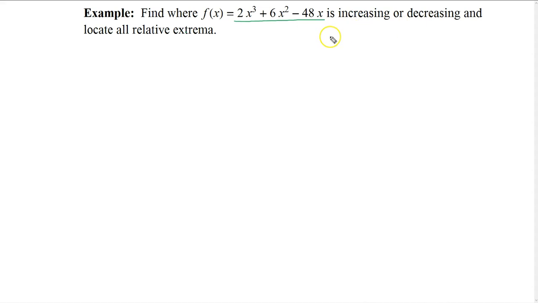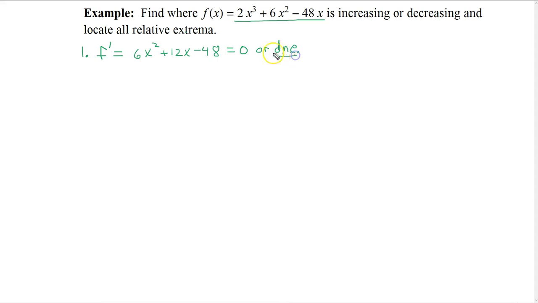So to find where the function is increasing or decreasing, we first of all have to find all of our critical numbers for this function. So we want to find where the derivative is 0 or does not exist. So our derivative is, and we want to find where that is 0 or does not exist.